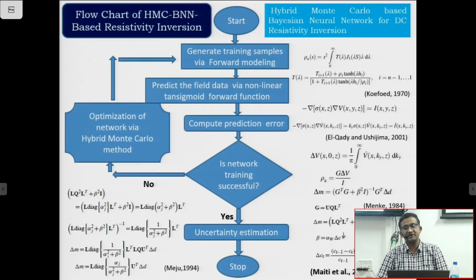And different types of sequences can be created, whether you want to exploit only the Schlumberger soundings, or explore the Wenner, or a combination of Schlumberger-Wenner, or any other dipole, pole-dipole; there are many configurations. That is the 2D acquisition system.